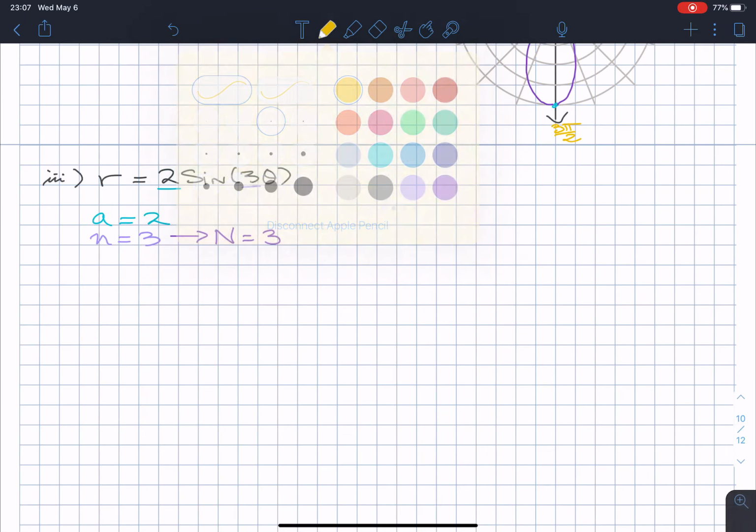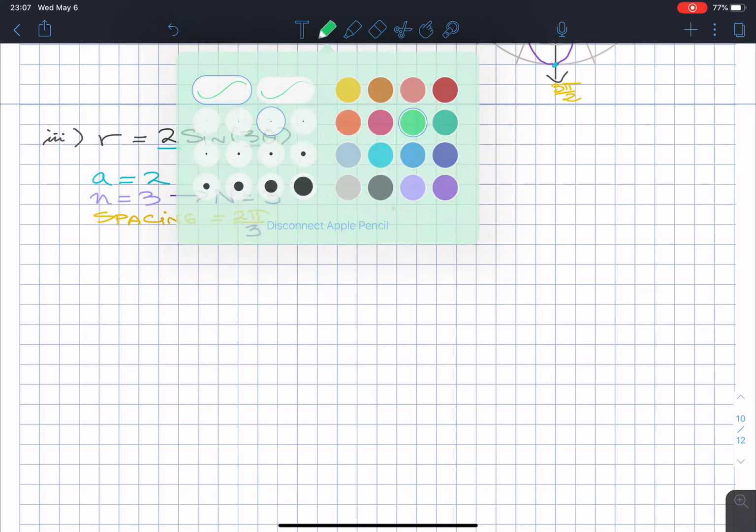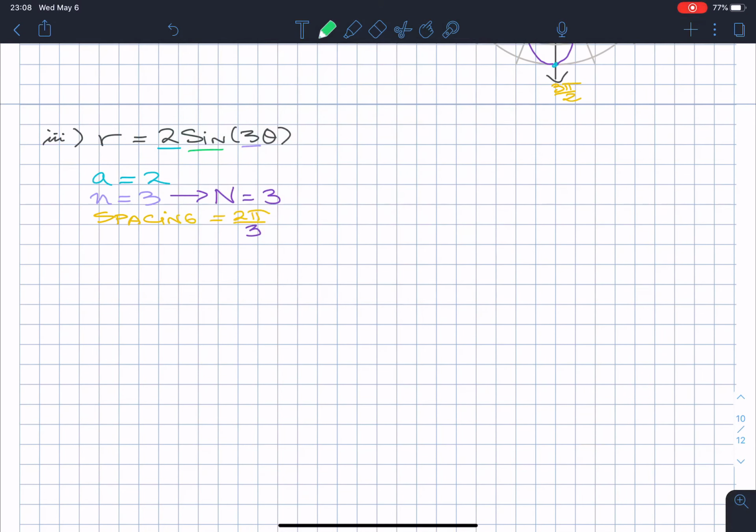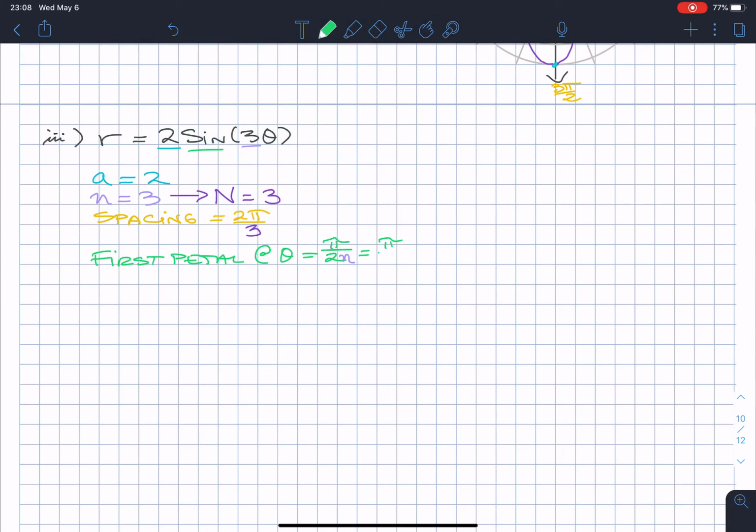So the petal spacing is going to be 2 pi divided by n, which is 3, so every 120 degrees. However, because this is sine, the first petal will be along theta equals pi over 2 times n. So for us, that's pi over 2 times 3, so pi over 6.